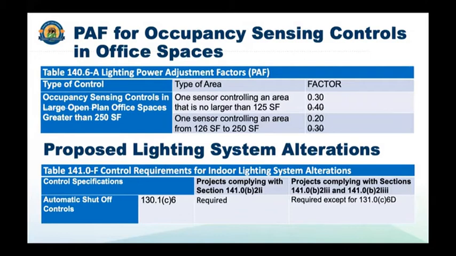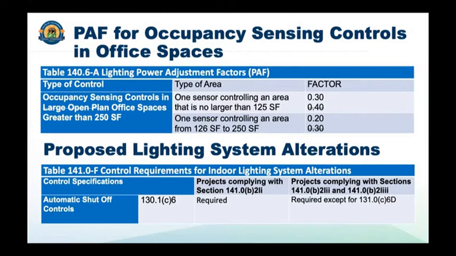Some stakeholders have suggested removing the PAF, power allowance factors, as they have not seemed to be used. And so this proposal suggests keeping the PAF provisions and also revising and reducing the PAF credit to align with the new multi-zone occupancy sensing controls for large offices.